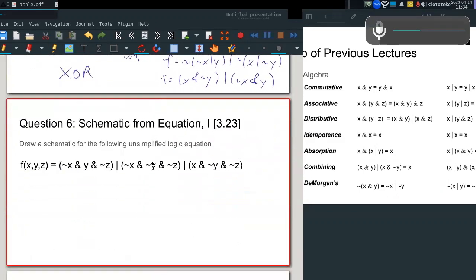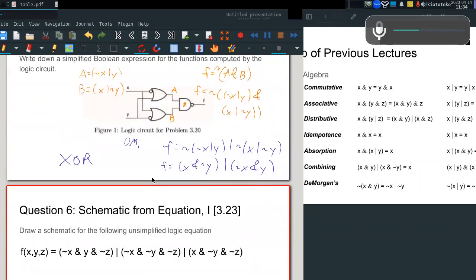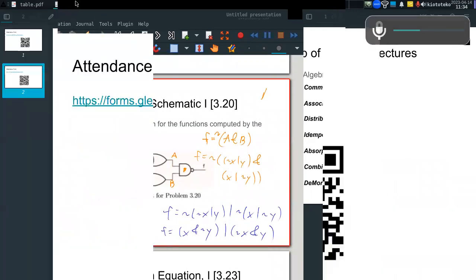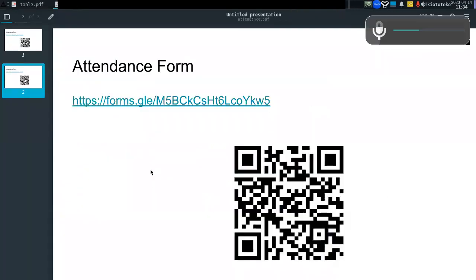If not, I guess this is the same. So how about you do the attendance form, so you have time to do it. The problem in here is very similar to one of the ones we did right now.